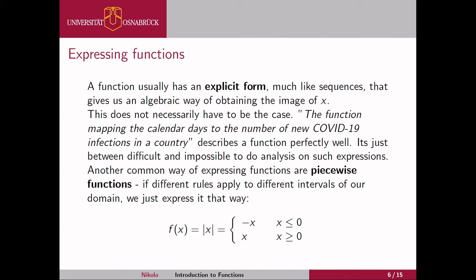And in a sense, you can just cut your domain into an arbitrary set of intervals and just define a function for every partial interval as you like. This is perfectly fine, makes it a bit more complicated to express a function, but it has the same properties as a function which just has one explicit form, one explicit expression which describes all elements of the domain.